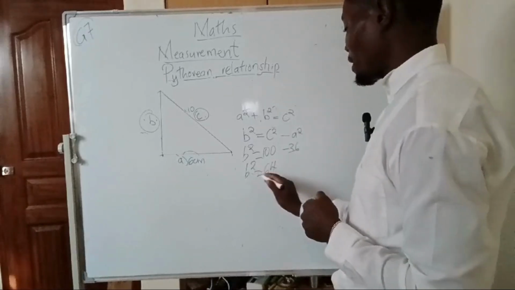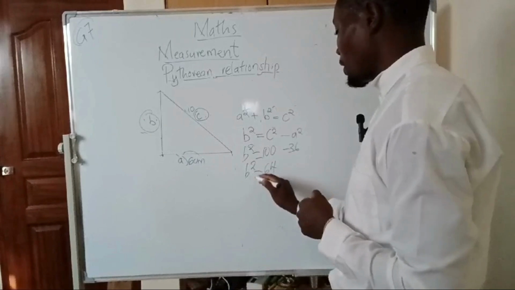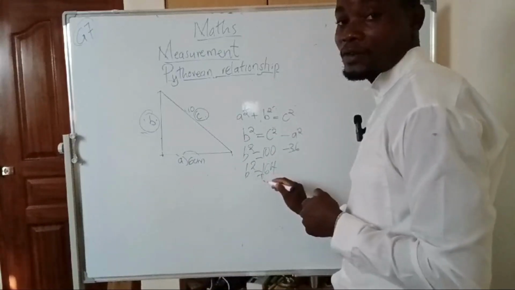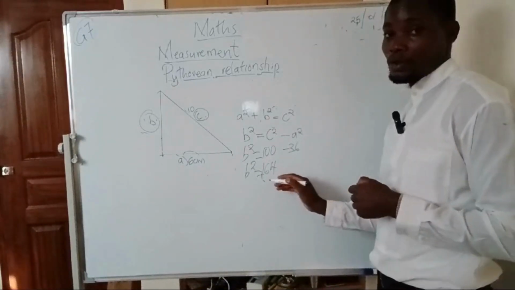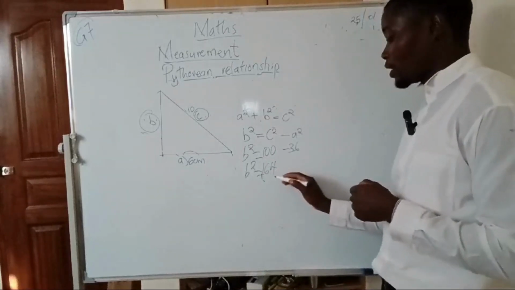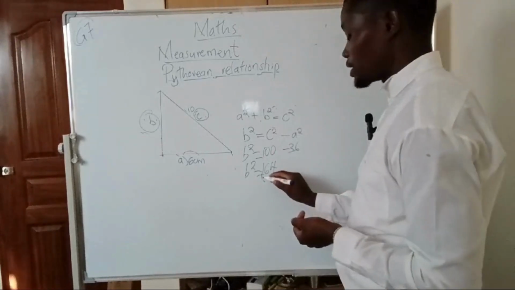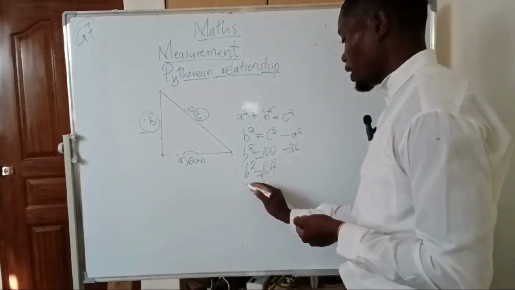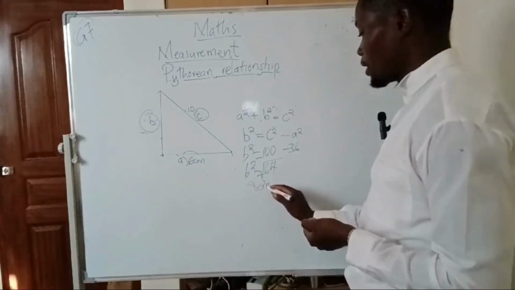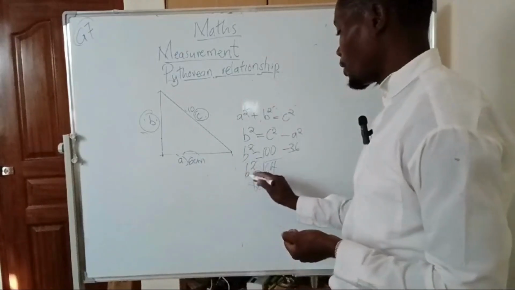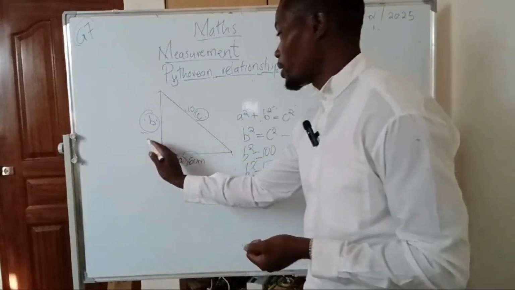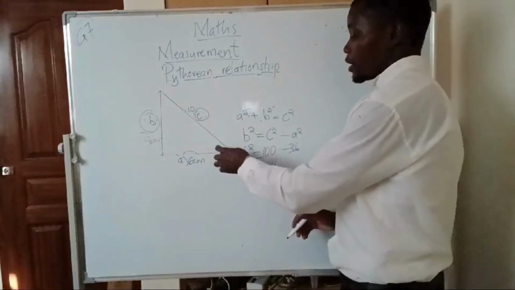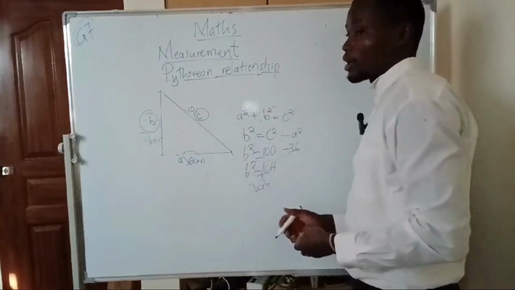Now, for us to get b, we'll have to find the square root of 64, the same way as I've said before, which is equal to 8. Now you'll be able to say that b here is equal to 8 centimeters. And simply, that is how to calculate using the Pythagorean relationship.